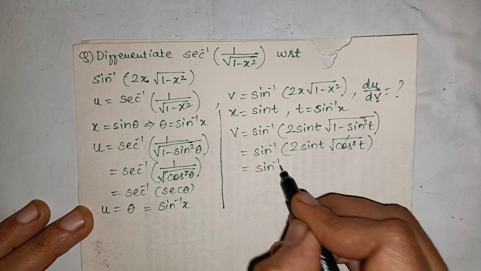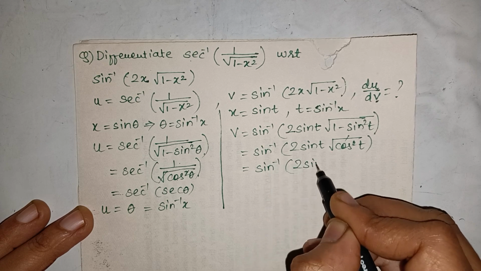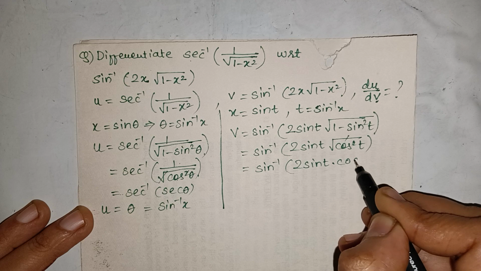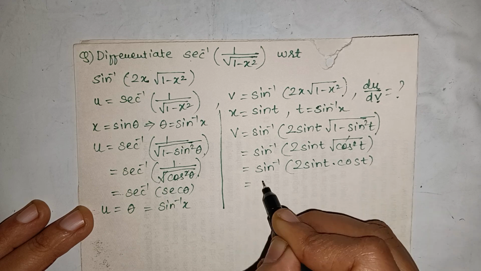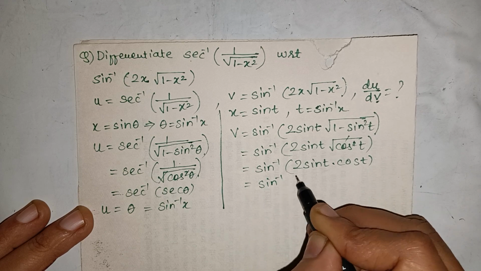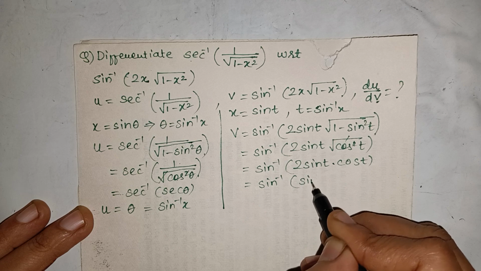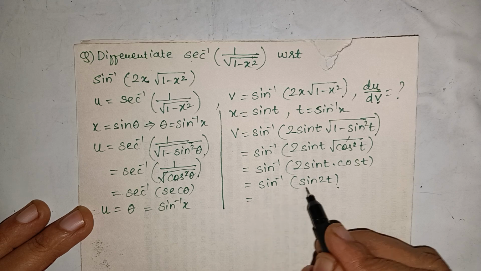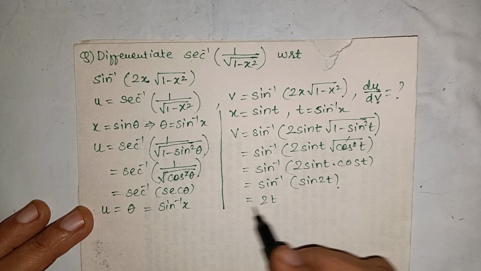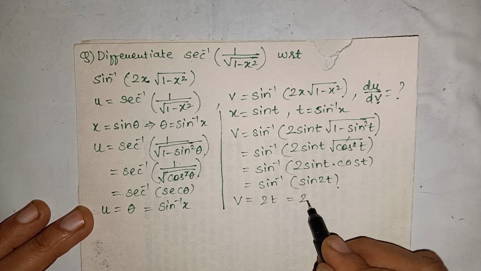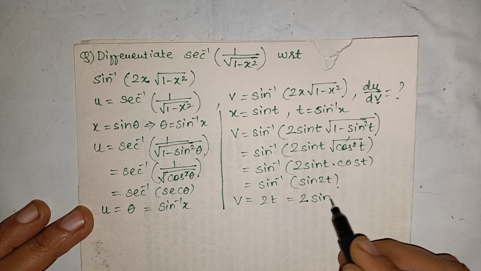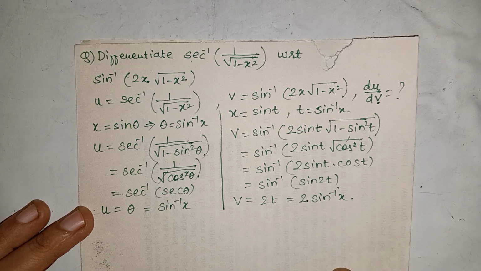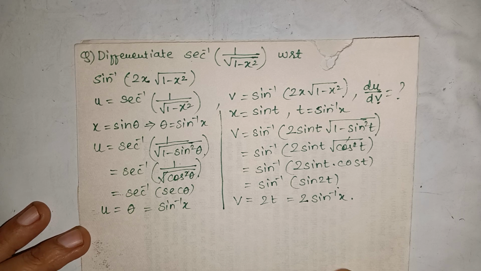So sine inverse of 2 sine t into cos t, which is nothing but sine 2t. Sine inverse of sine 2t is 2t, and t is sine inverse of x.